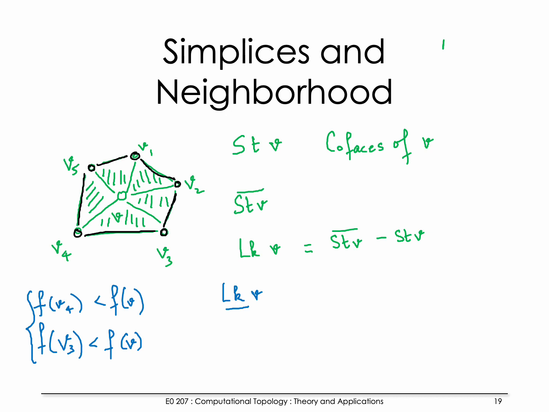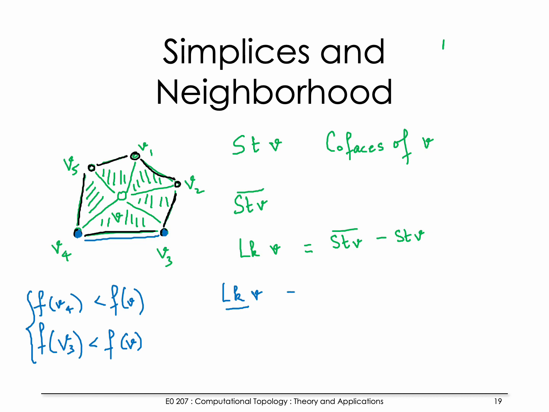So in this case, V4 and V3 belong to the lower link, and all the edges that are induced by these vertices also belong to the lower link.